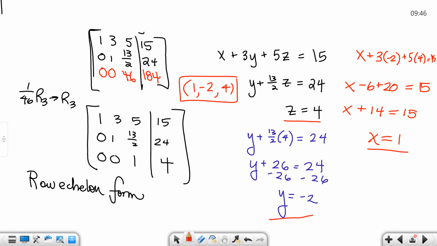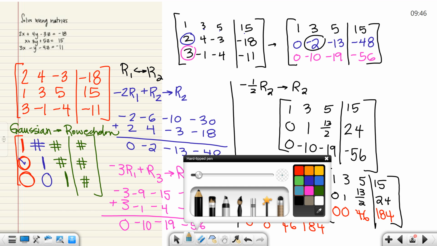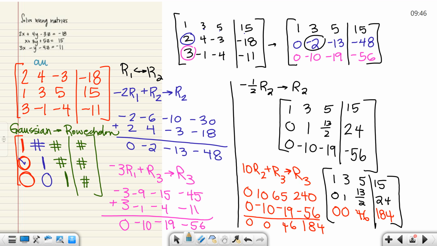Augmented and coefficient. Let me go back a slide for a second. This particular one that we worked here, I should have mentioned it, but this red piece right here is the augmented matrix.